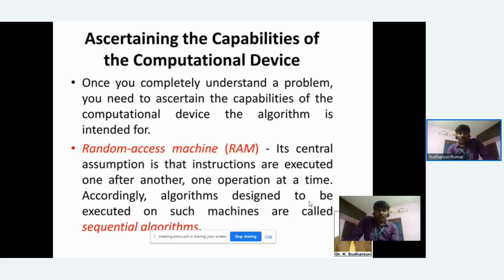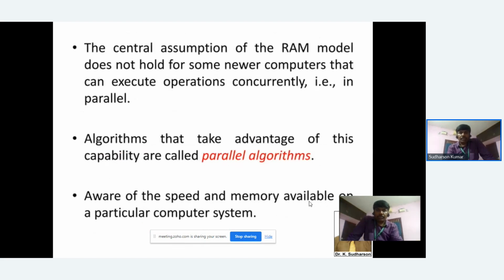So in order to execute your sequence of steps, how much RAM capacity you need, that you should analyze. Then whether you need any parallel computation for an algorithm, which is known as a parallel algorithm, and also how much speed and memory is needed. These are the things you need to analyze in the second step.